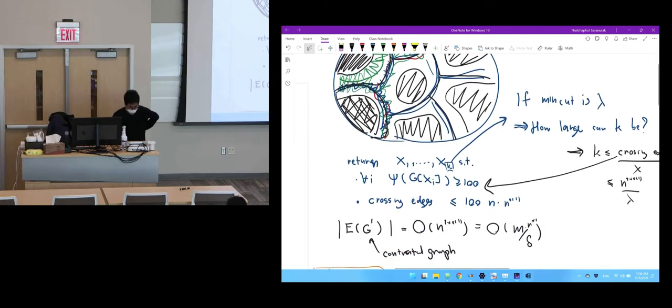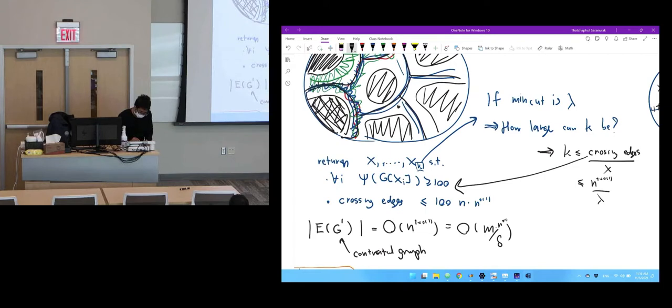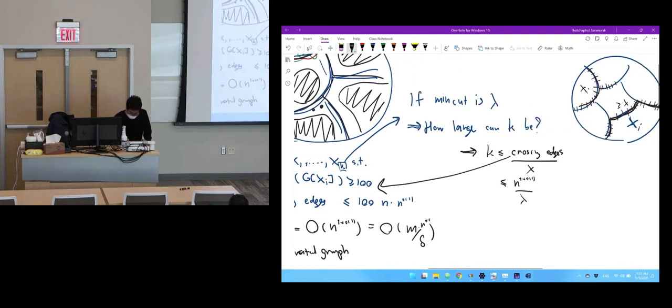So the next thing is that now we want to know how many nodes you can trim and shave. So far, if you just perform expander decomposition and you contract, then there are at most this many nodes.